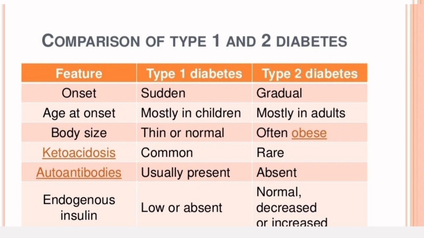Body size: in type 1 there is a thin or normal body type, and in type 2 often obese. Ketoacidosis is very common in type 1 and rare in type 2. Autoantibodies are usually present in type 1 and absent in type 2. Endogenous insulin is low or absent in type 1 and normal, decreased or increased in type 2.